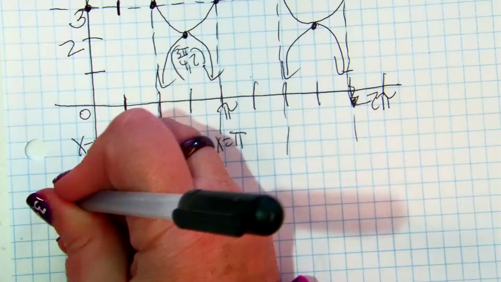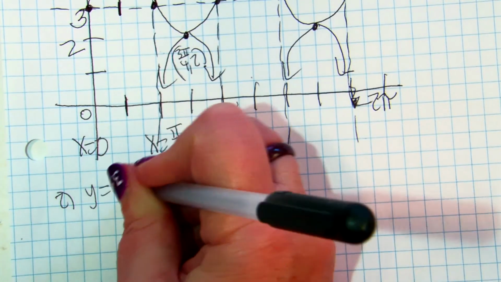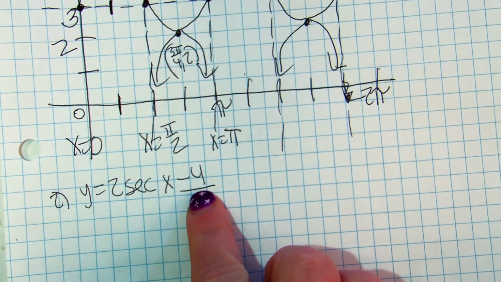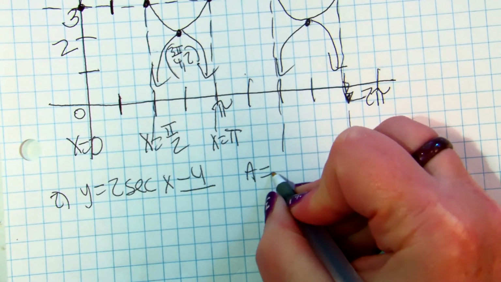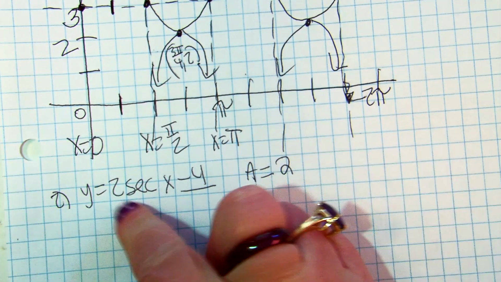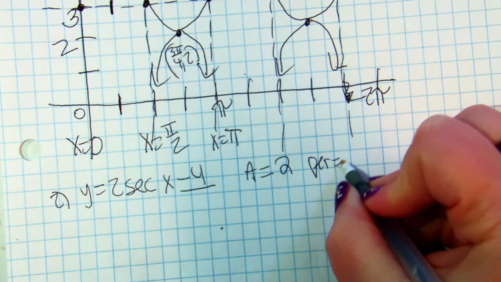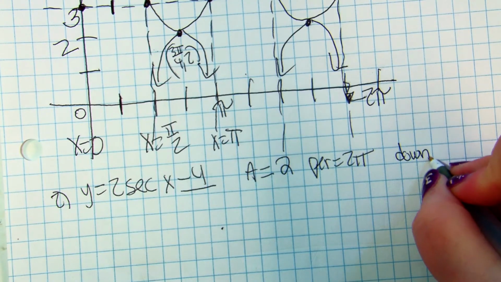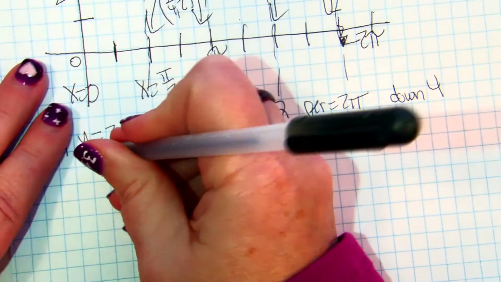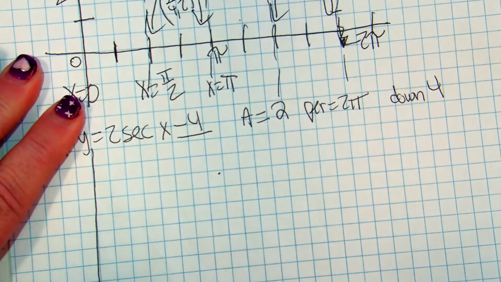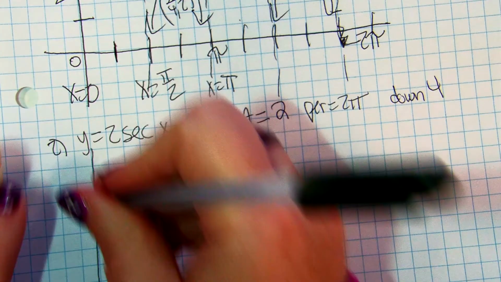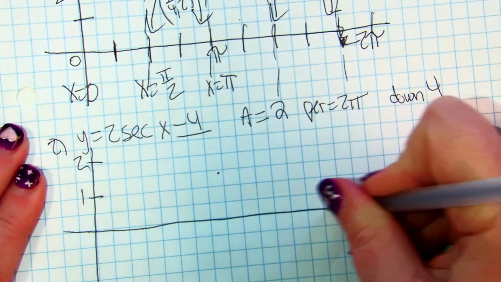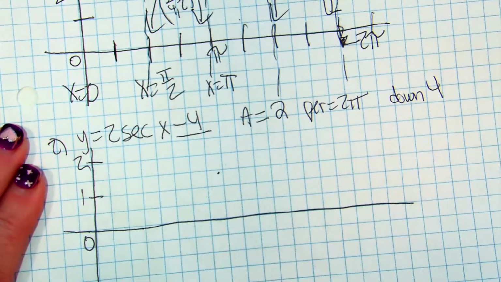And the next one we're going to do is y equals 2 secant x minus 4. So we're going to go down 4. The amplitude is 2. The period is 2 pi, because there's no w, and we're going to go down 4. There's the origin.